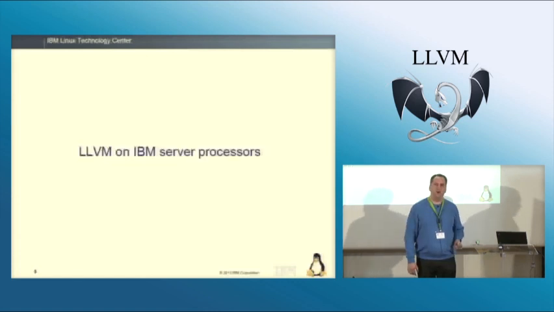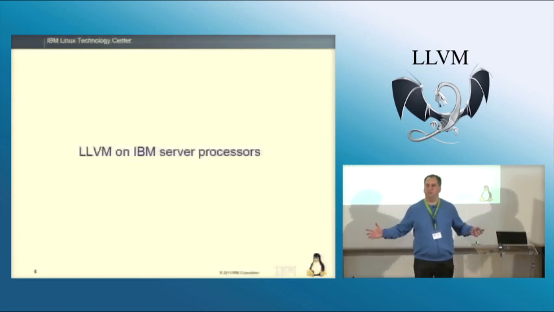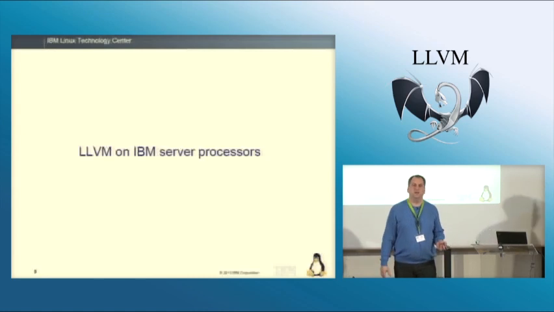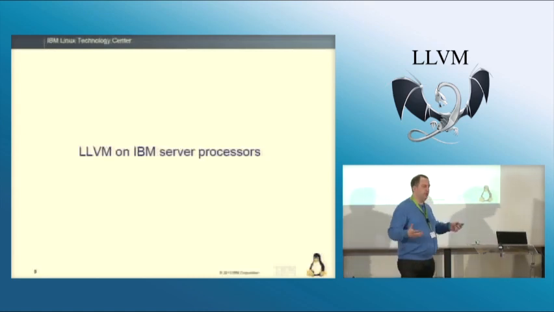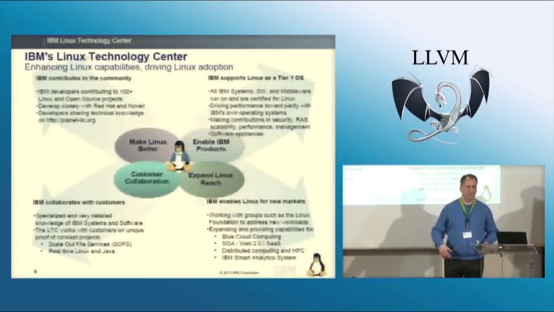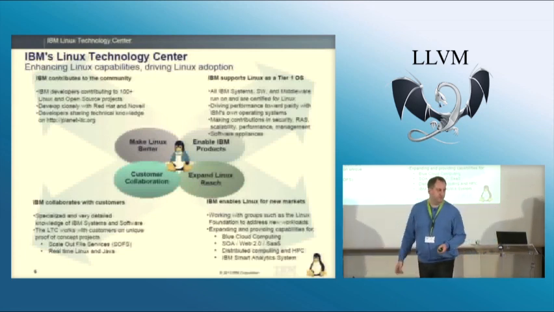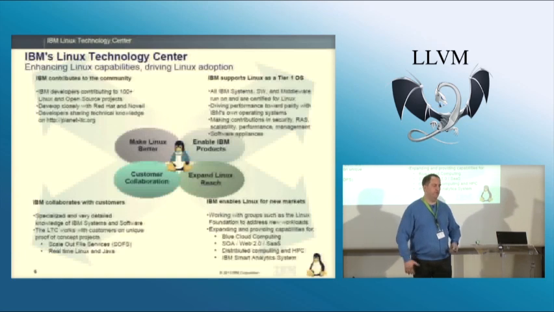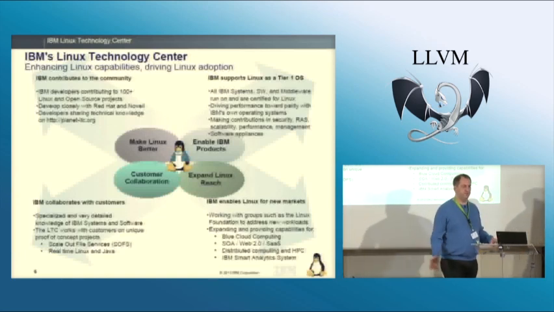Okay, now let's get started with who we are in the IBM Linux Technology Center, what we are doing, why we are now doing LLVM. This is just a general setup slide, which I'm not going through in all the details, which we show everybody who's asking what is the Linux Technology Center.